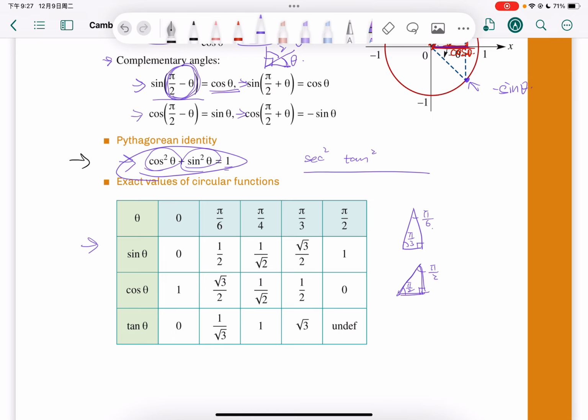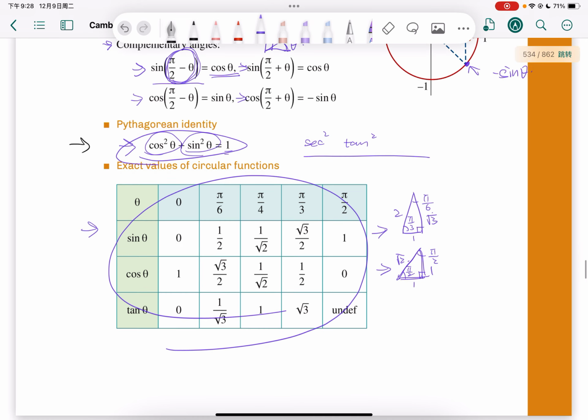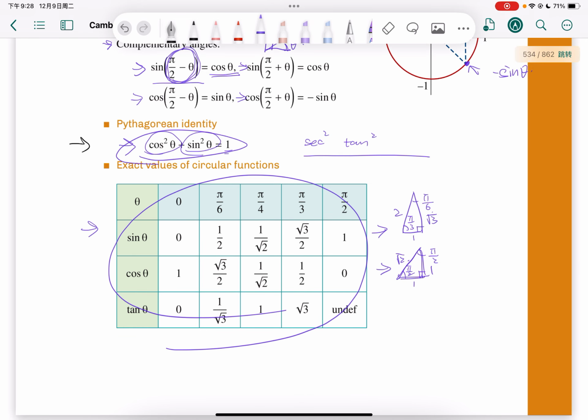Their sides should be 1, root 3, and 2, and 1, 1, root 2. And this whole table is only about these two triangles. So maybe I prefer remembering these two triangles instead of the table.